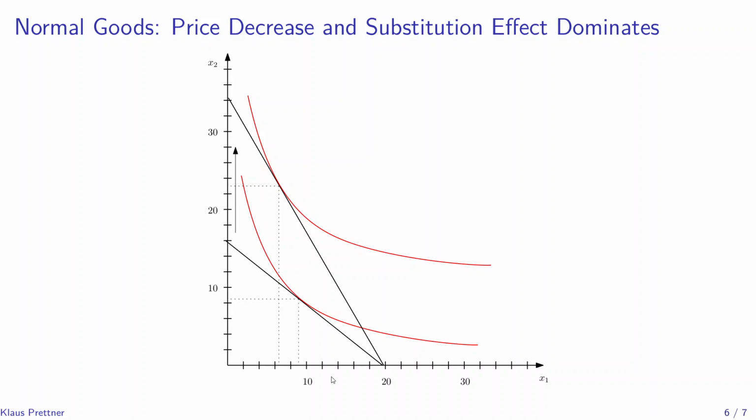Consumption of good 1 would actually decrease, while consumption of good 2 increases. So the substitution effect dominates. The price of good 2 decreases, and this attracts so much consumption from the other good that the income effect, where the consumer can afford more of both goods, is more than compensated by the substitution effect.